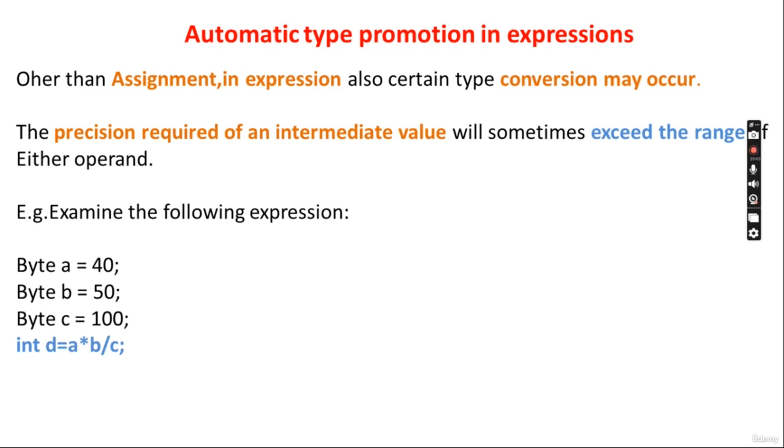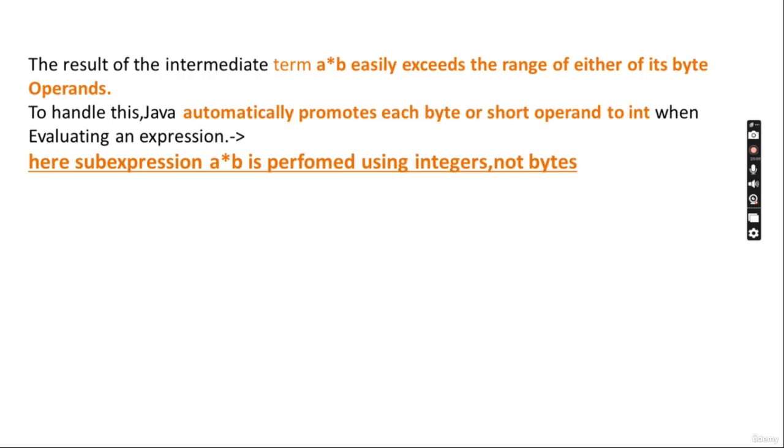byte a = 40, byte b = 50, byte c = 100. Now it will multiply 40 into 50, a into b, and divide by 100, and then we will store the value into variable d. The result of the intermediate term a * b easily exceeds the range of either of its byte operands.